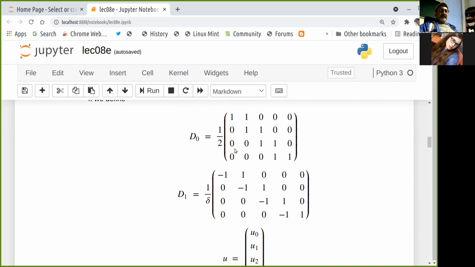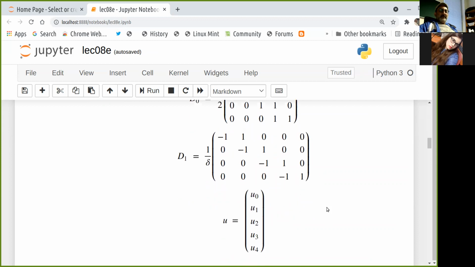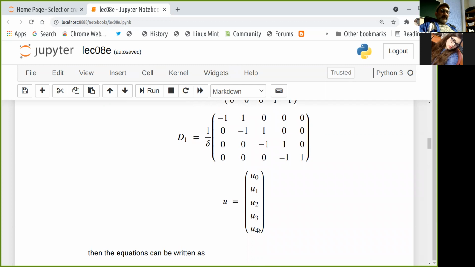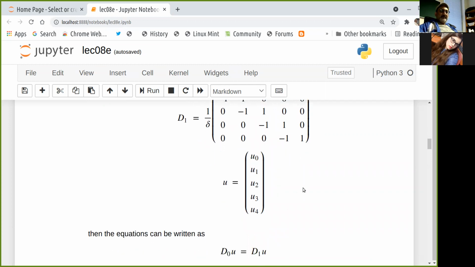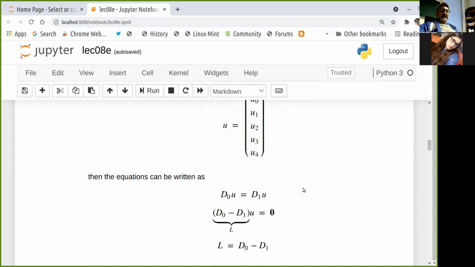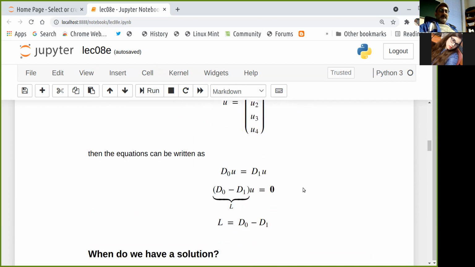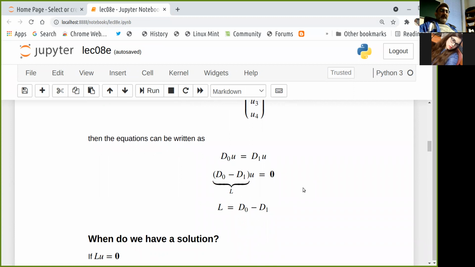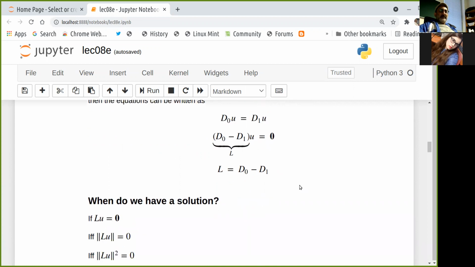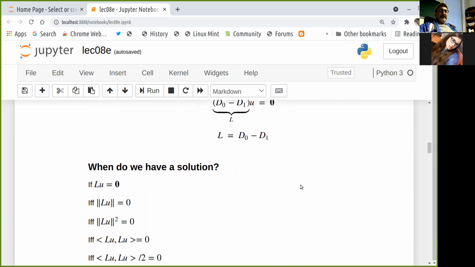The first one approximates the function on an interval. The next one approximates, using a forward difference, the derivative on a subinterval. And we'll let u be the vector of these values of the approximate solution at those nodes. Then the approximation can be written as D0u minus D1u. I'll call D0 minus D1 L. So that means Lu is equal to 0. L equals D0 minus D1.